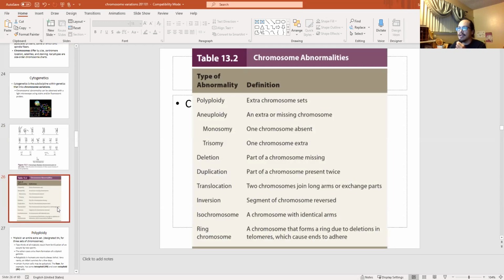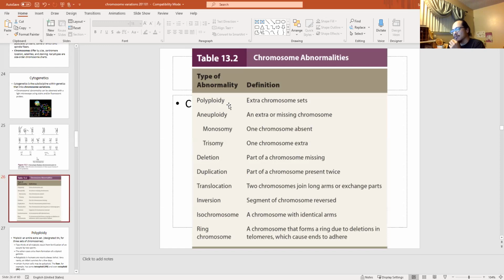There are different types of chromosome abnormality, and we are going to talk about not all, but some, selectively those that are more commonly seen in the clinical situation. For example, polyploid is with an extra set of chromosomes.